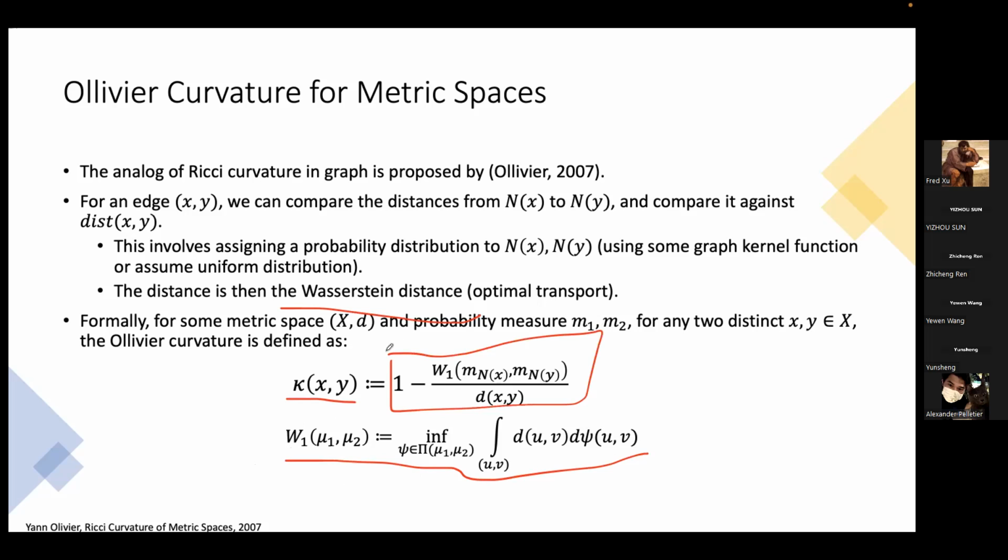I think right now it looks very abstract, but d here basically, if we think about the graph as a metric space, then d here would mean the shortest path distance. And I will give an example of what this W1 means in the next slide.